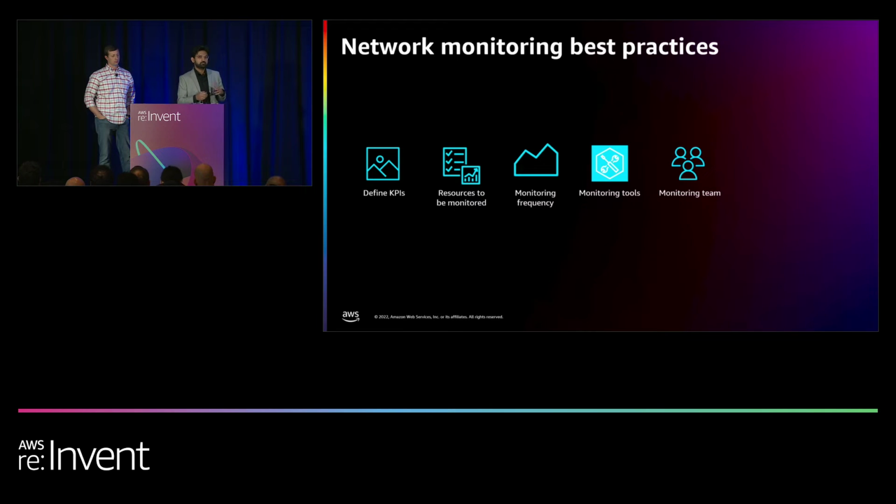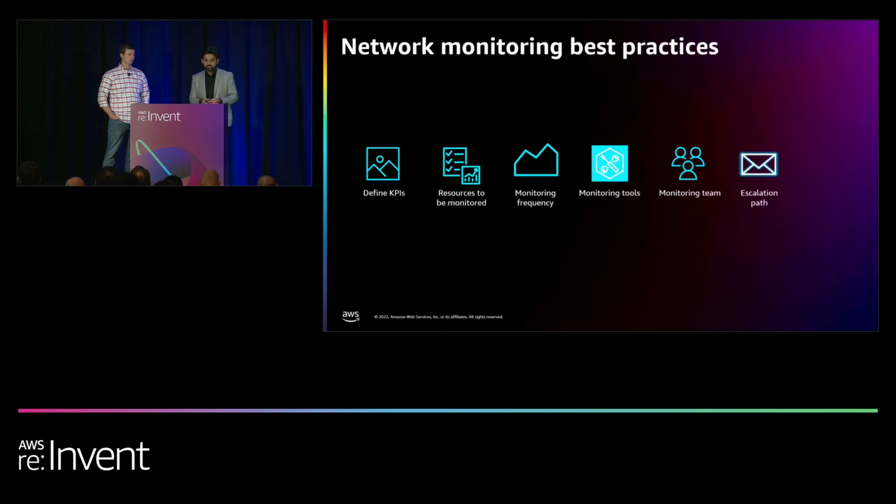This is important because if you are creating all these dashboards, all these insights, and no one is monitoring them, your issues will go unnoticed, the trends will go unnoticed, and the opportunities to optimize your network design will be there, but will not be materialized. So it's important to have a monitoring team and resources who can monitor your dashboards. It's also important to define your escalation path for an operational event or a network failure or something like that.